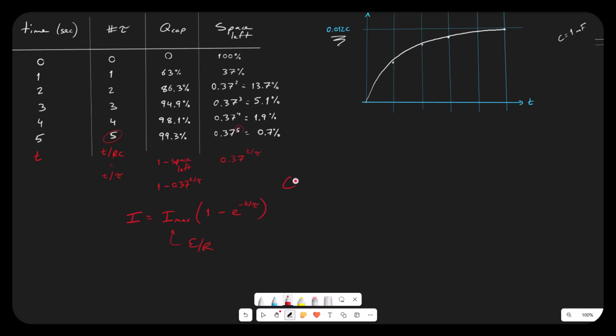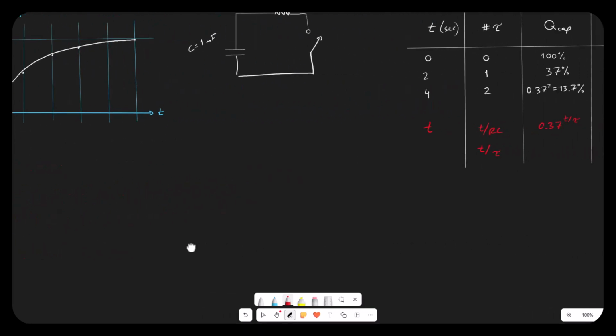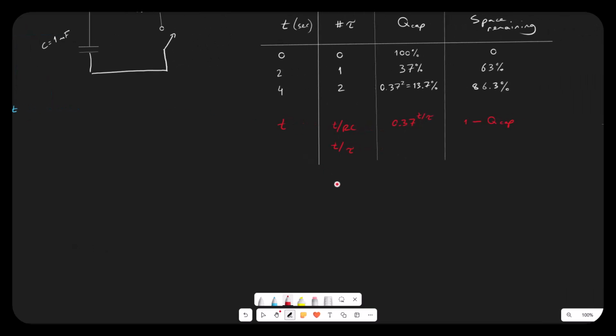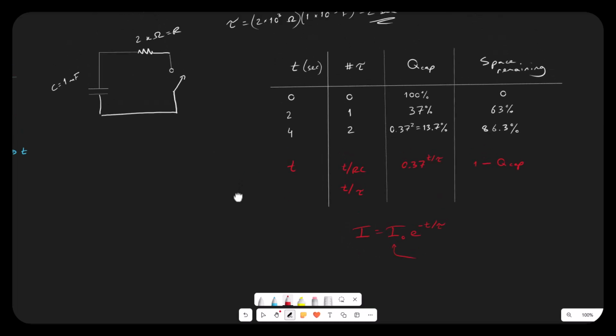This side was for charging a capacitor. Now for discharging a capacitor, I actually get the exact same function. But my maximum current, because I don't have a power supply in there, I just have my capacitor.